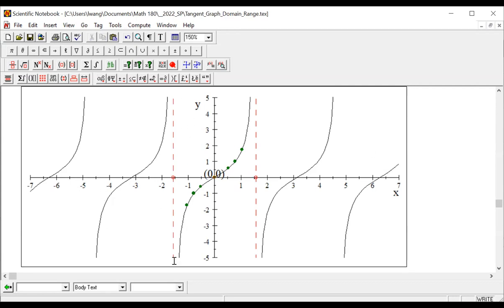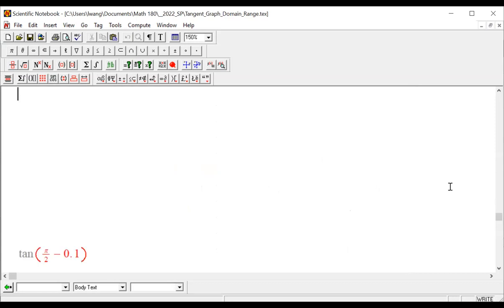These are x equals negative pi over 2, x equals pi over 2, x equals 3 pi over 2, x equals negative 3 pi over 2, just keep going on and on forever.